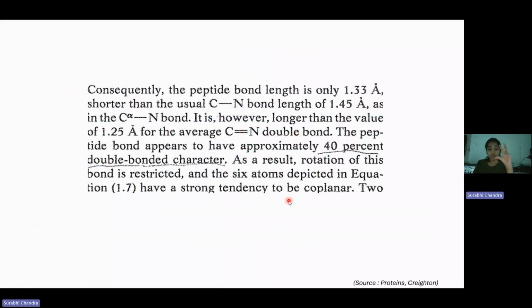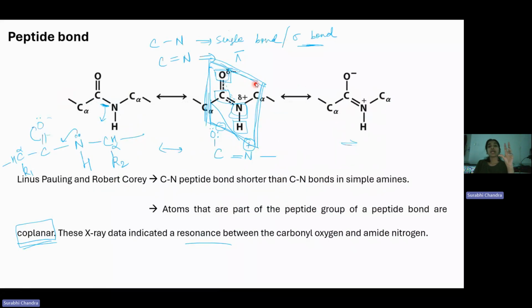So because it's restricted, it is supposed to be lying in the same plane. Suppose if there's flexibility or rotation is possible, then there's a tendency of the different kinds of functional groups to be present out of the plane or going into the plane like that.